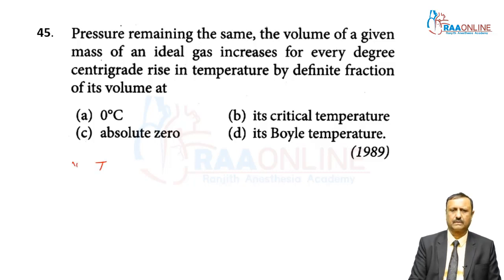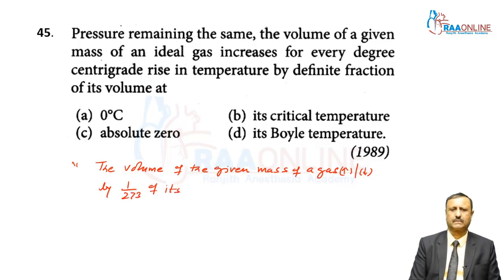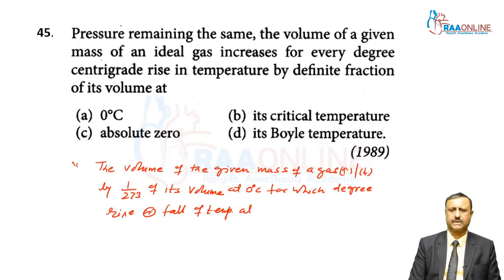What is Charles law? The volume of a given mass of a gas increases or decreases by 1 upon 273 of its volume at 0 degrees Celsius for every degree rise or fall of temperature at constant pressure.